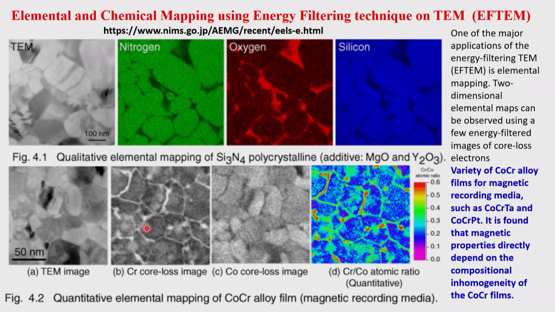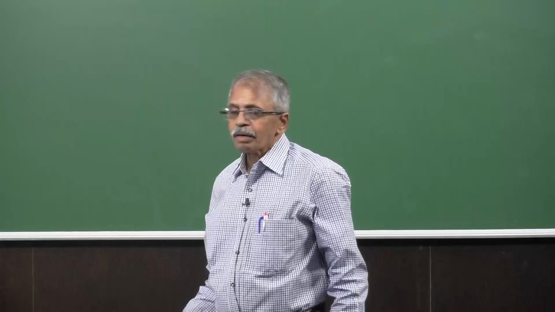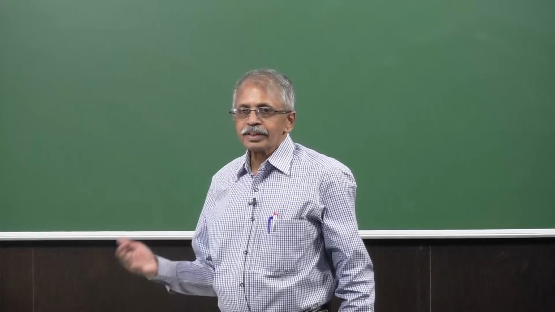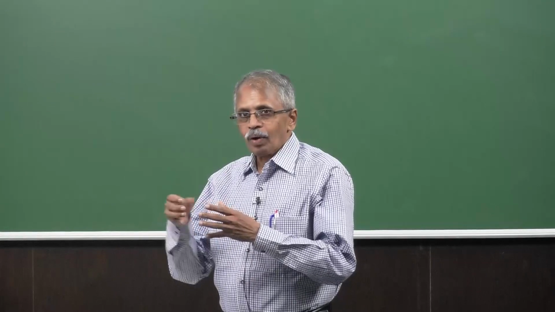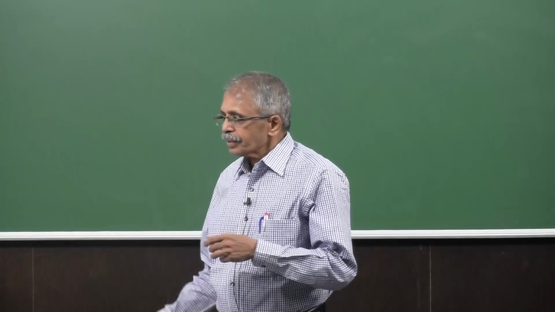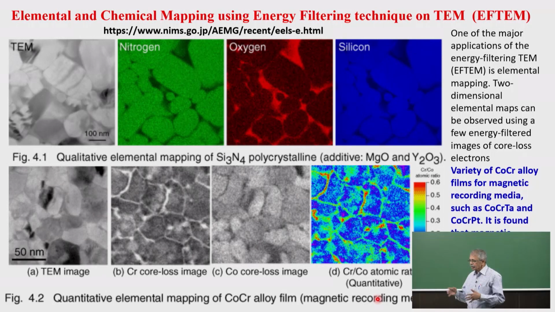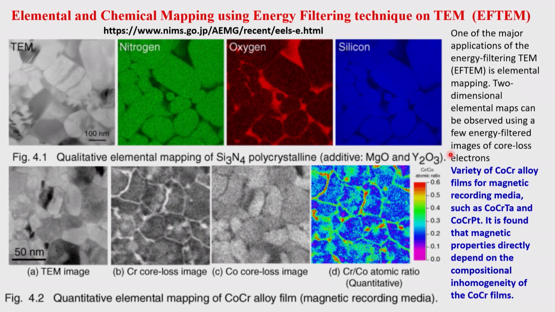The chromium to cobalt atomic ratios are very important for these properties, because their arrangement would provide certain voids in which other elements can be incorporated, or certain coordination cores where they can be provided. Therefore, the structural property and the ratio of chromium to cobalt is very important in these aspects. It is found that magnetic properties directly depend on the compositional inhomogeneity of the cobalt chromium films.